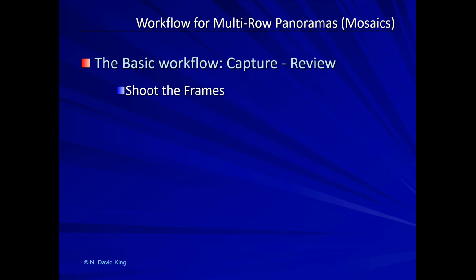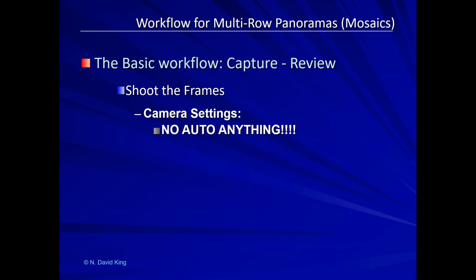So we shoot the frames. Our camera settings, again, no auto anything. I can't emphasize this enough. If you put your camera on auto as you move across the scene, different amounts of color mix, different amounts of tonal mix, all of those are going to change the camera's auto settings, and they will not match.